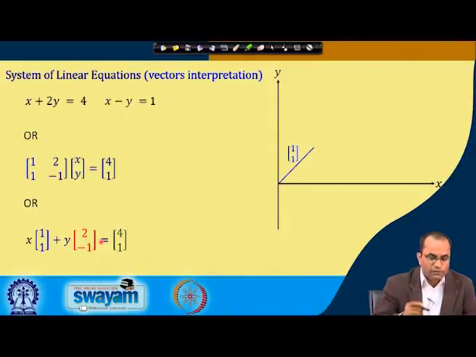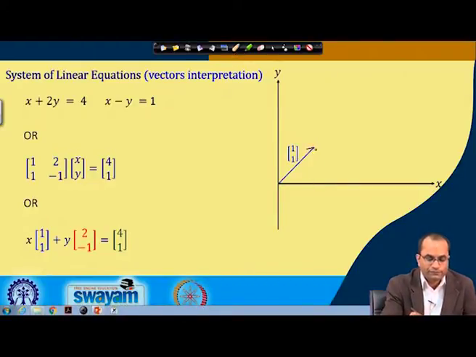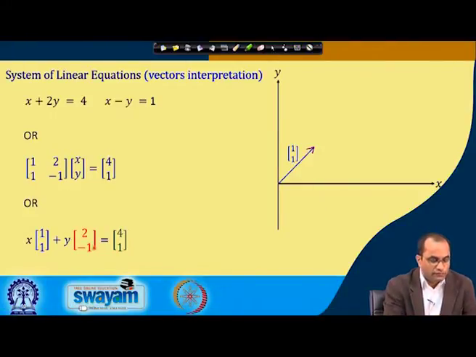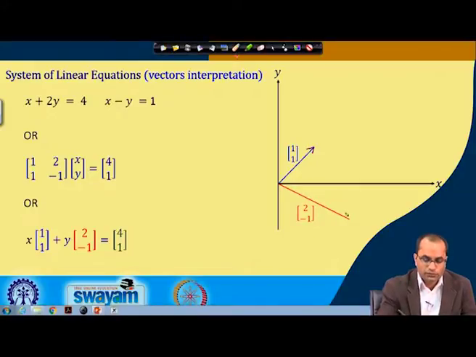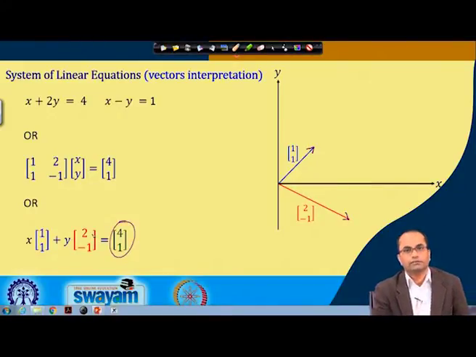So, here we will plot this vector 1 1: in the direction of x we have 1, and in the direction of y again 1. Now we have another vector, 2 minus 1, so on the x axis 2 and then minus 1. And the third vector which is seen in this equation is 4 1.